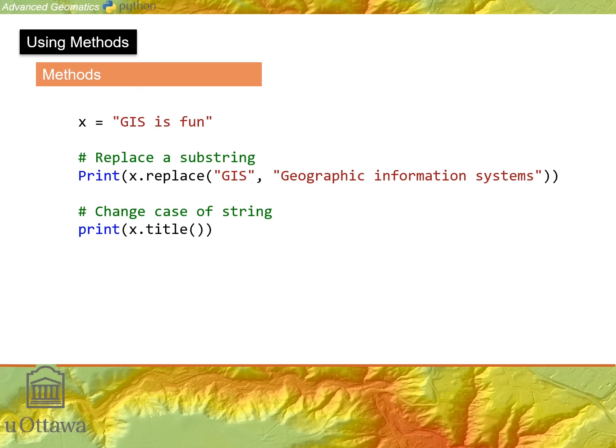Well, x equals GIS is fun, and we see x.replace GIS, this part, with this. And that, again, is using that method replace that comes with the string itself. So it's called a method, even though it's a function, basically, of that object. Or we can change the case, x.title. So it puts it in title case instead of mixed case.